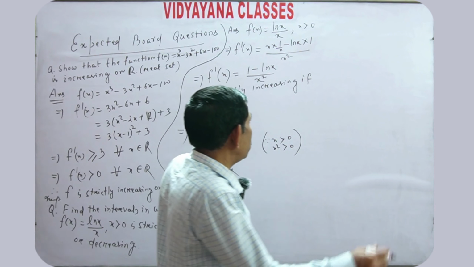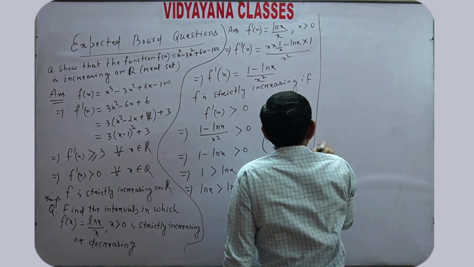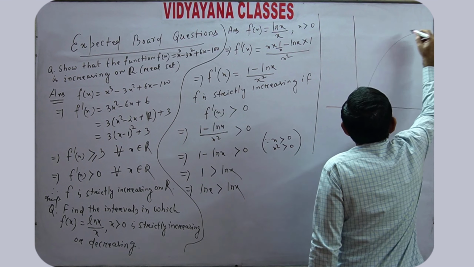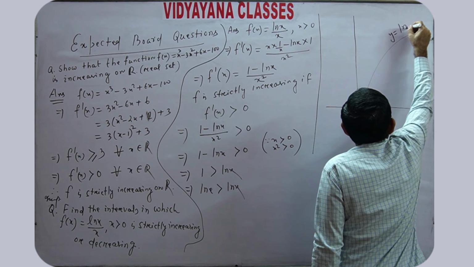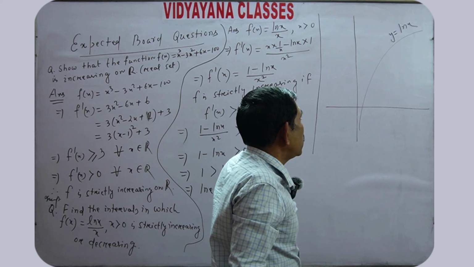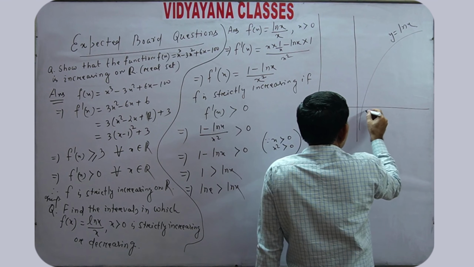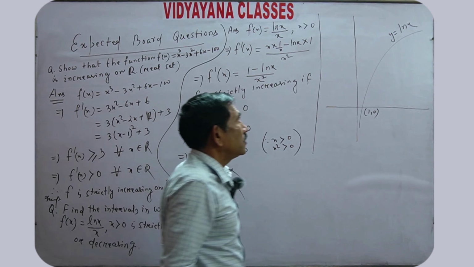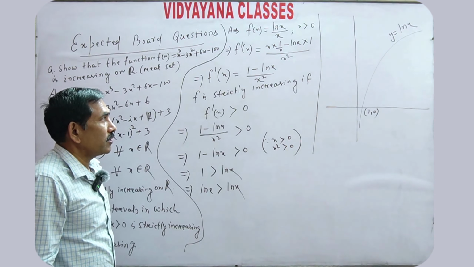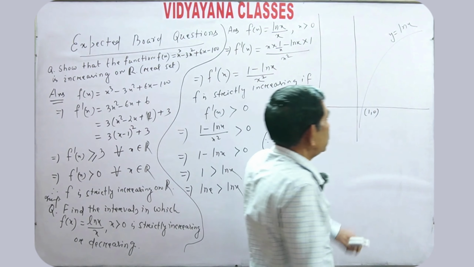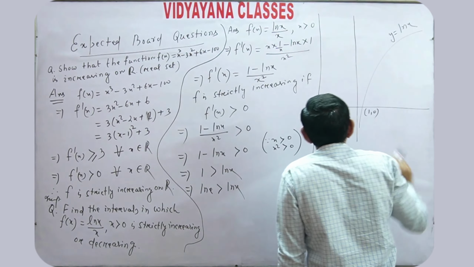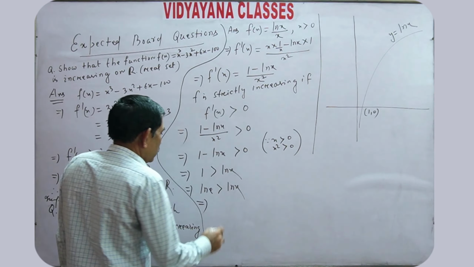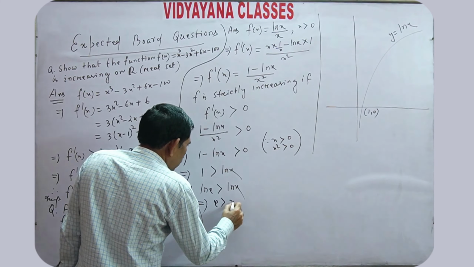ln x is an increasing function. This is the graph of y = ln x.